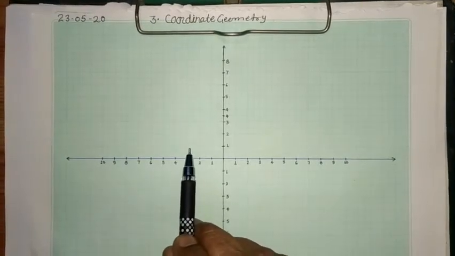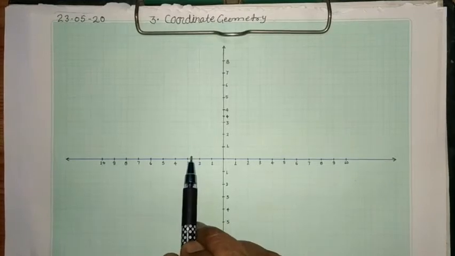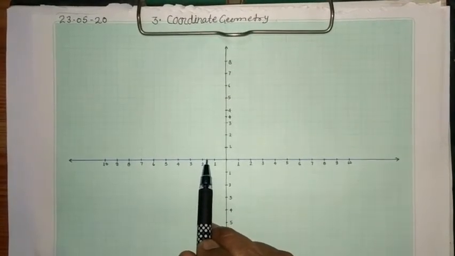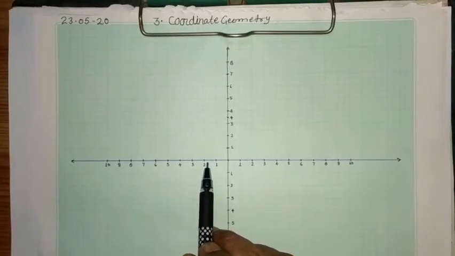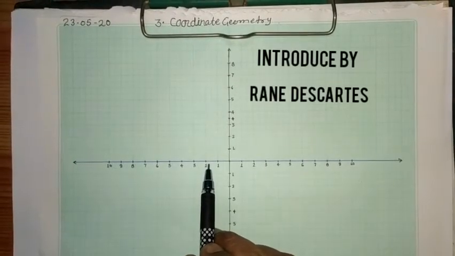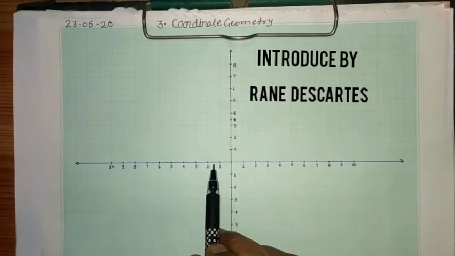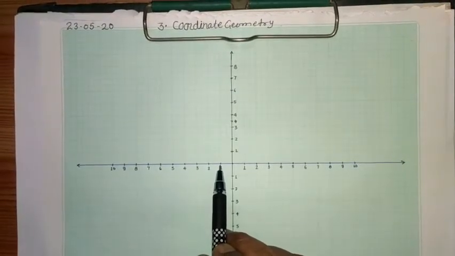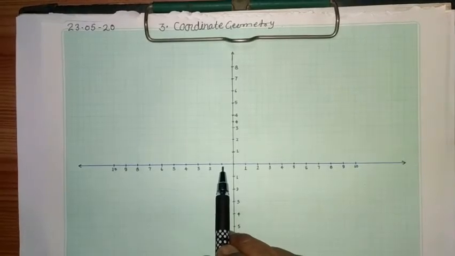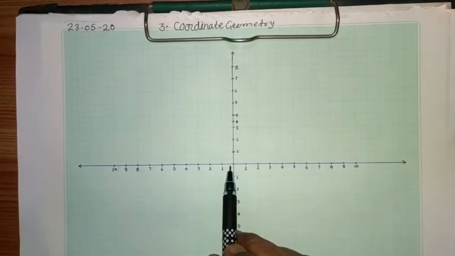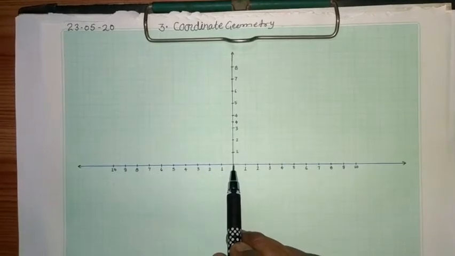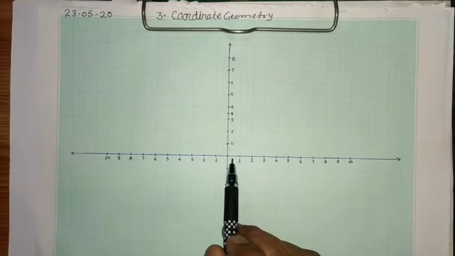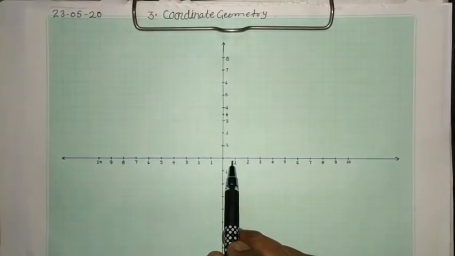This coordinate geometry was first introduced by French philosopher and mathematician René Descartes, and by his name the subject is also called Cartesian coordinate geometry. Here we study coordinate geometry of two-dimensional shapes, or of a plane.